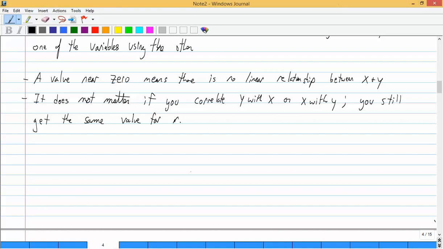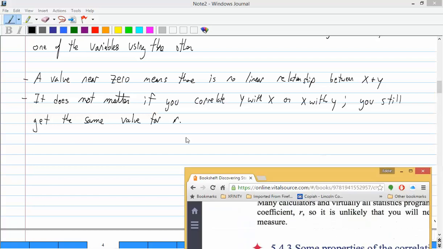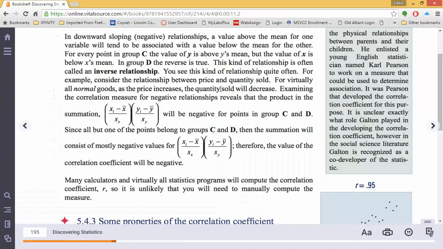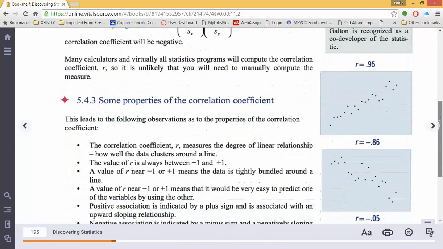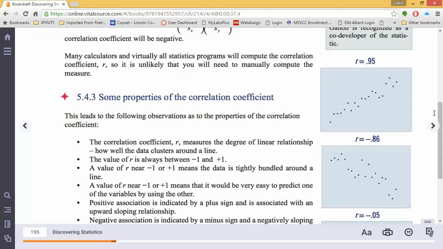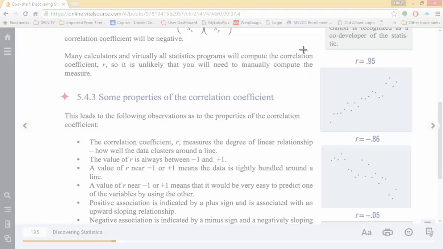Alright, so let's look at a scatter plot with a correlation coefficient here. You can see on the right side of the screen, R equals 0.95. I'm going to copy this graph really quick so I can write on it.